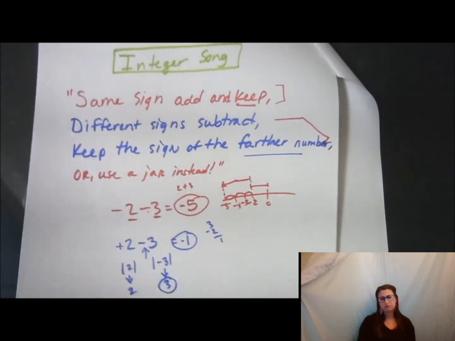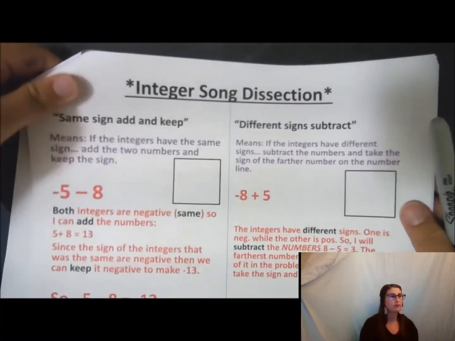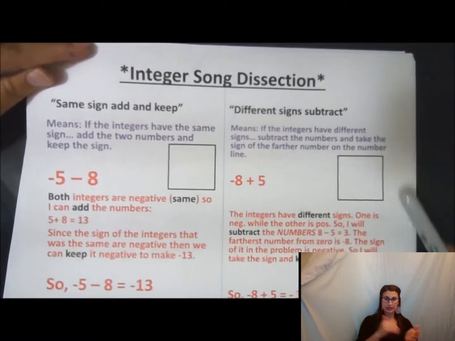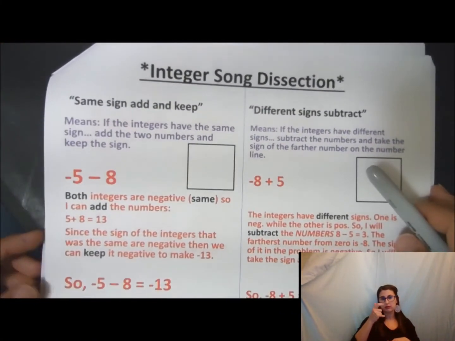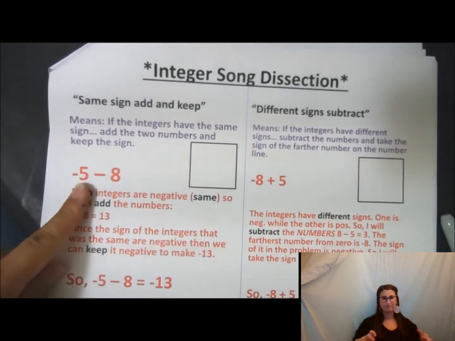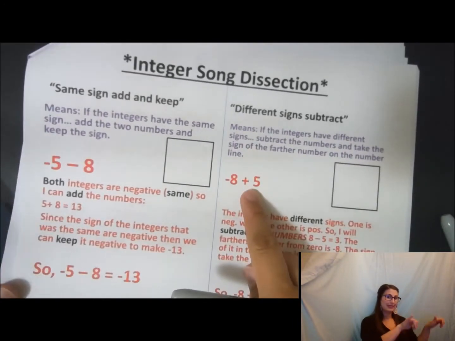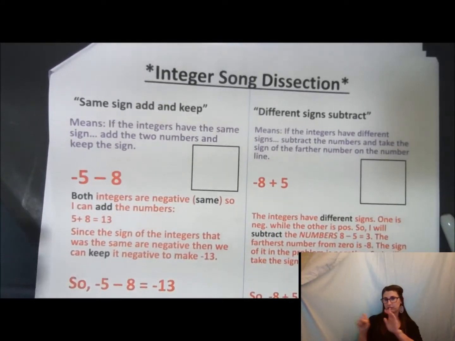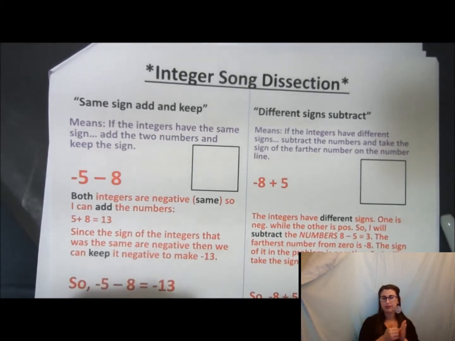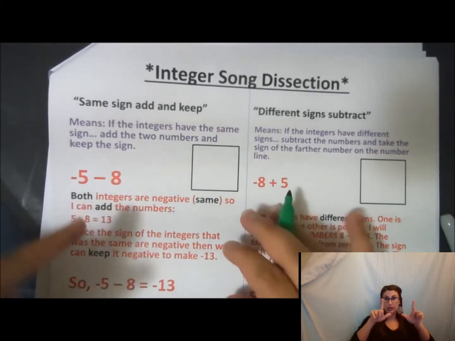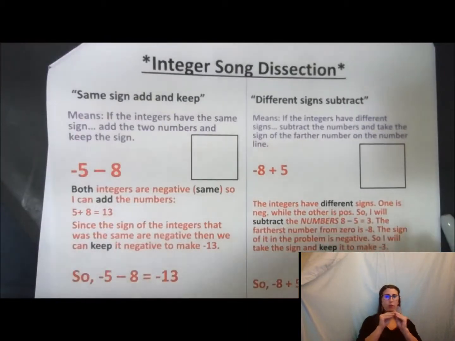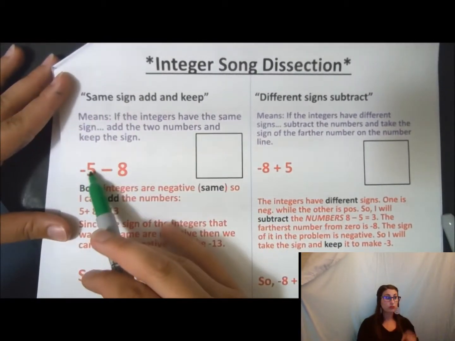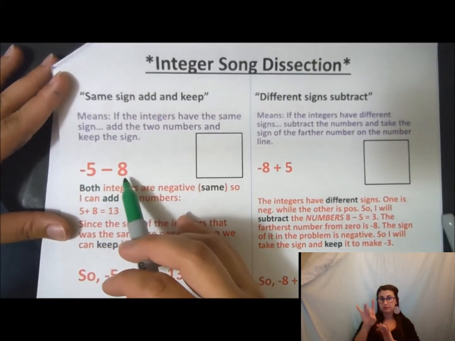To reiterate this, I have another slide that will help us. Integer song dissection. We have a problem over here where it's the same sign, and a problem over here where they're different signs. We're going to look at what I just explained on the last slide, but with different numbers, just for clarification. So I have -5, -8.